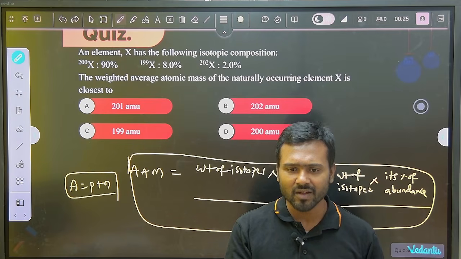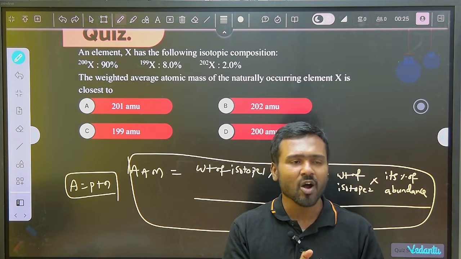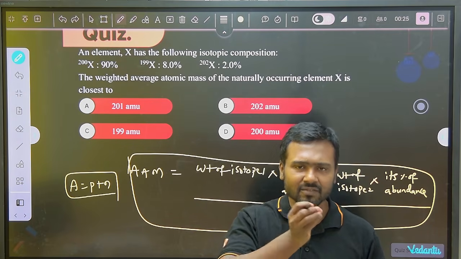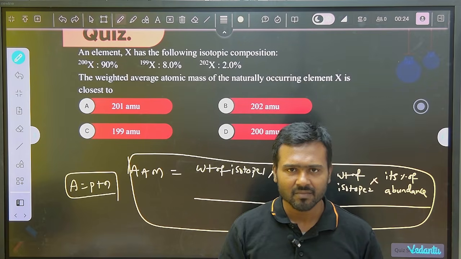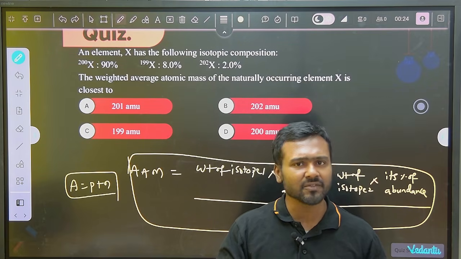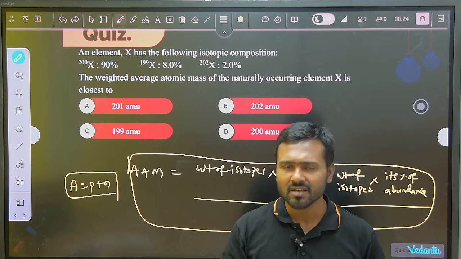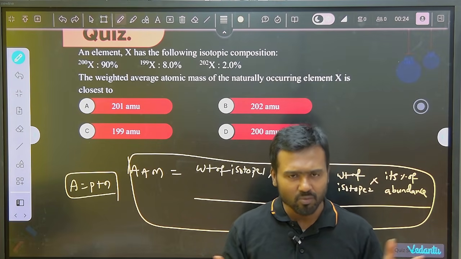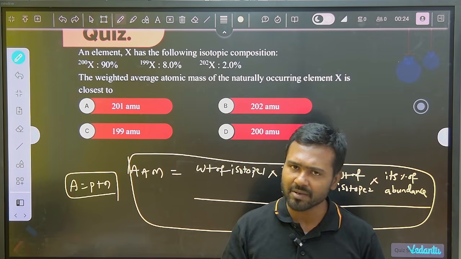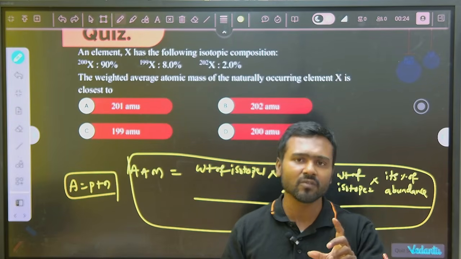By doing that, you get the weight of chlorine. We can't take 37 or 35 completely, because 35 is 75% and 37 is 25%. That is why we take both, find the average atomic mass, and that is the mass of chlorine.